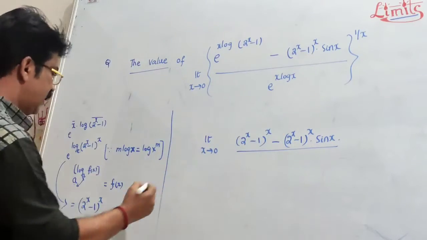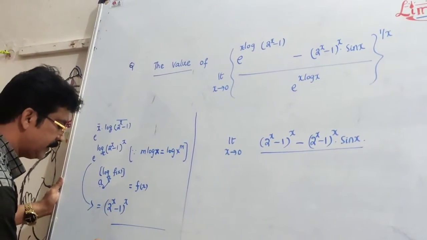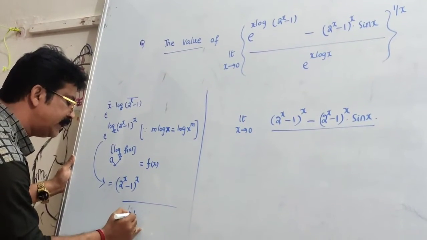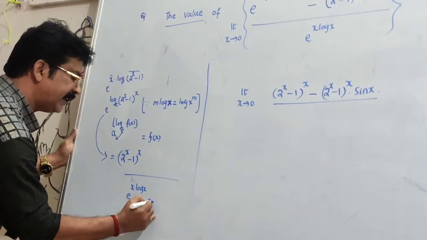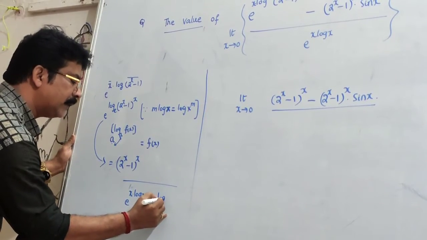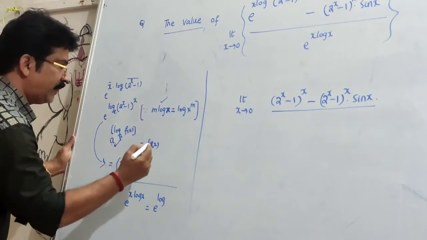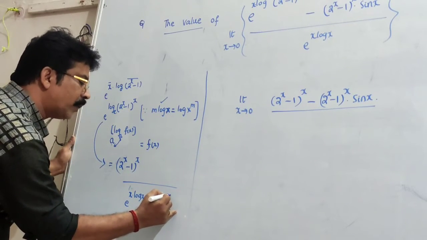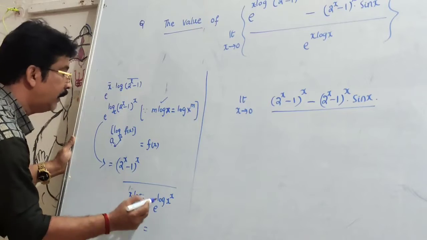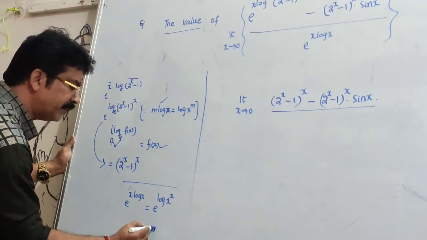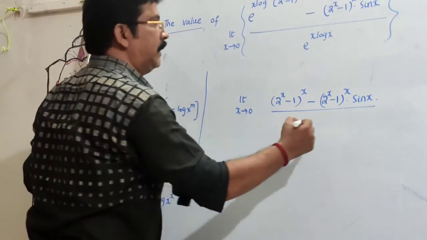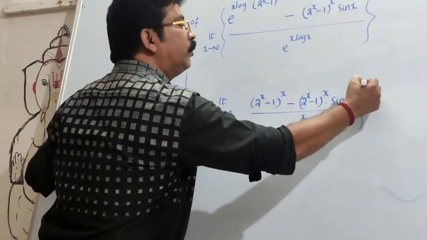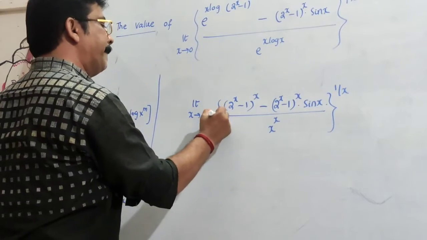e power x log x. e power x into log x is equal to e power logarithm of, according to this formula, m into log x is log of x power m. So x to the power of x, according to this formula, it is simply x to the power of x. So it is whole power 1 by x.